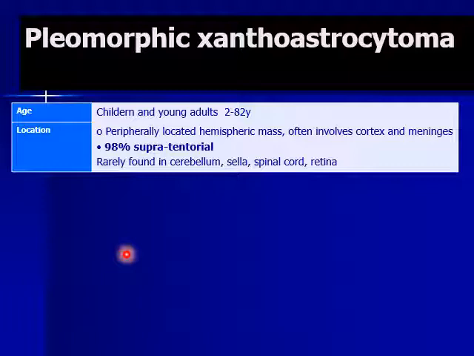It is a peripherally located hemispheric mass, often involving the cortex and the meninges, almost always in the supratentorial compartment, so it is rarely reported in the cerebellum, brainstem, spinal cord, or retina.